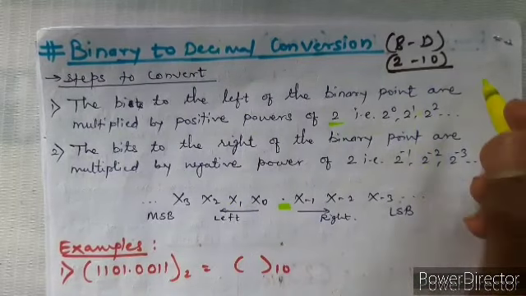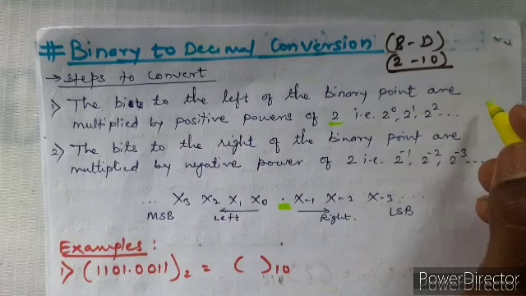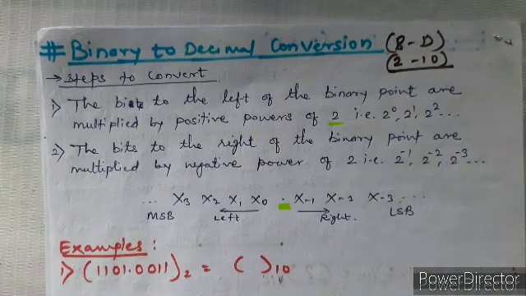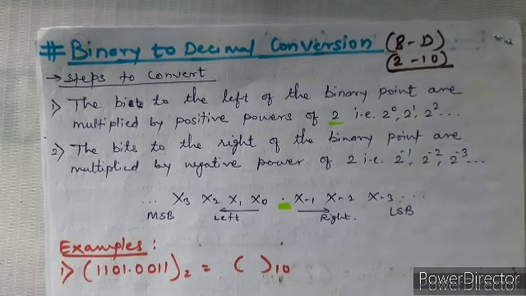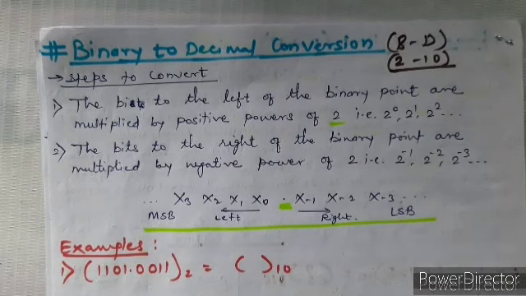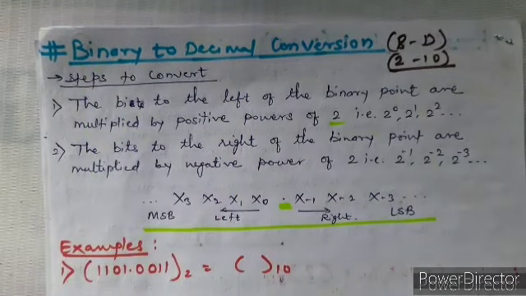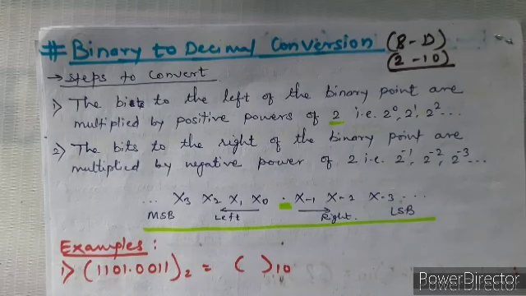Okay, this we have seen while discussing the binary number system, that how these binary numbers are represented. If you remember, in our earlier lectures, while studying this binary system in detail, we have seen this type of representation of a binary number. Now, a given binary number, if you want to convert into the decimal, that representation is helpful here.